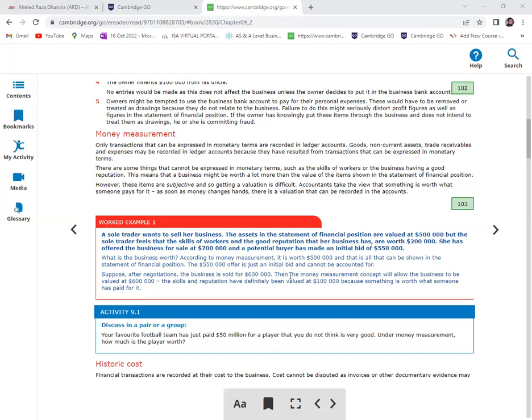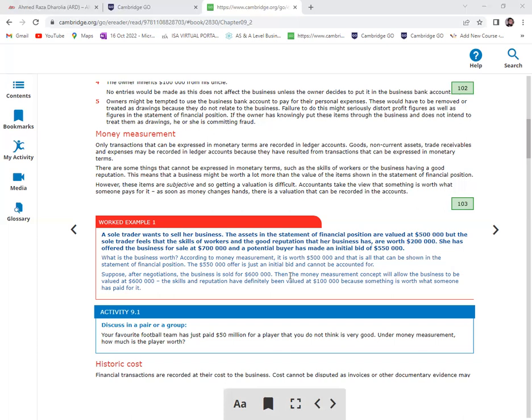As we did a lot of questions like depreciation, bad debts, journal accounting entries, we are always making entries with some amount in dollars, pounds, or rupees. That is, there should be some money measurement involved.